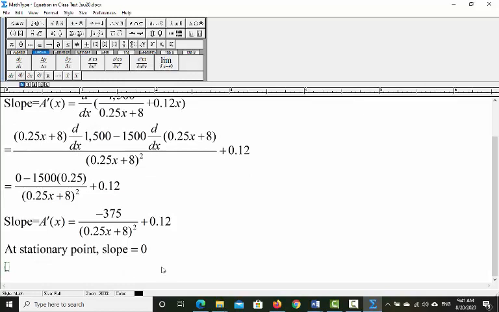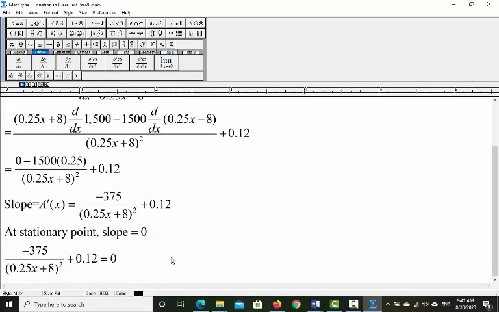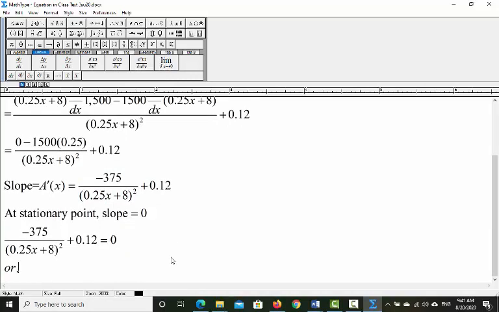So slope is equal to 0. That means this one is equal to 0. So we will solve it to find out the value of x.